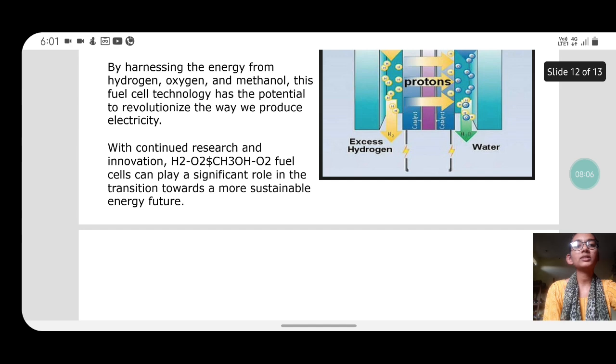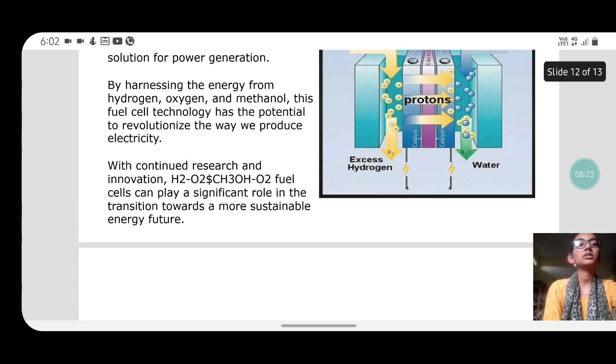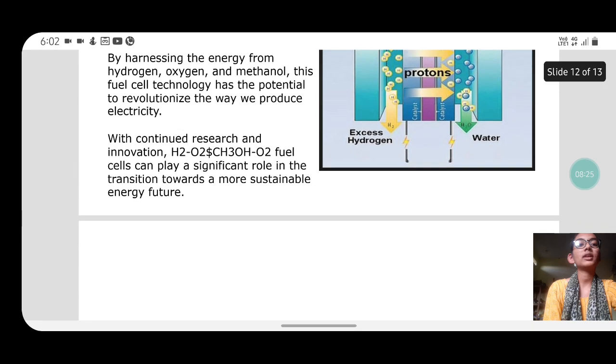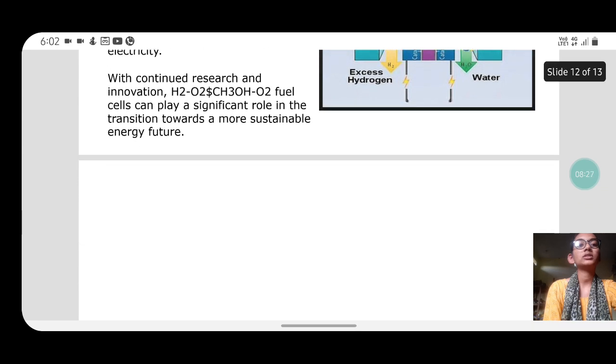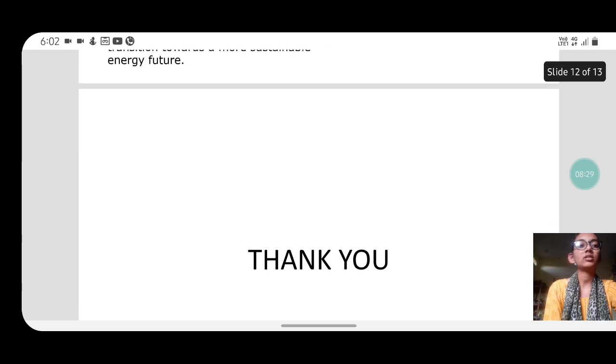With continued research and innovation, these fuel cells can play a significant role in the transition towards a more sustainable future. The future depends on hydrogen, oxygen, and methanol fuel cells.